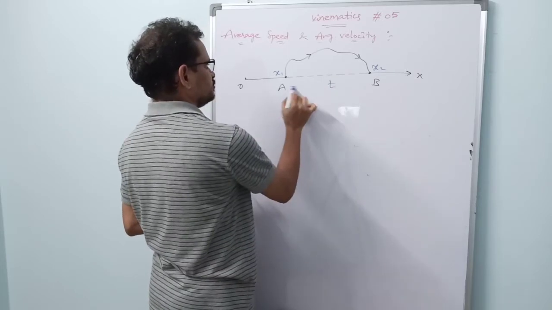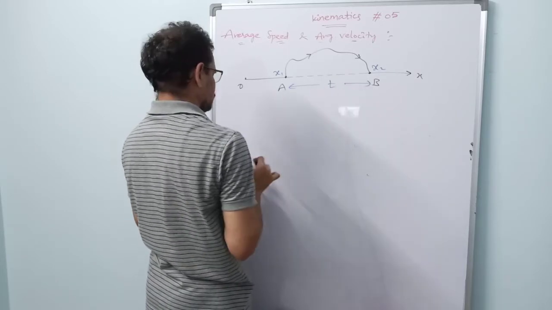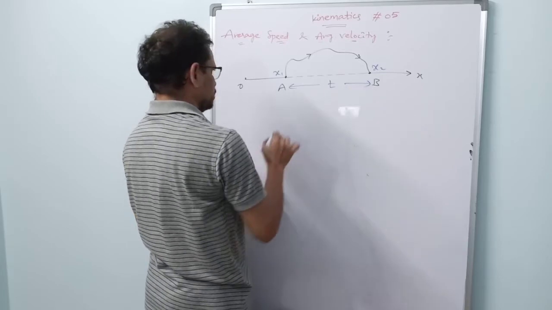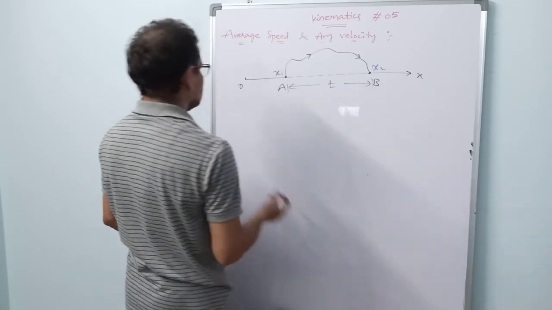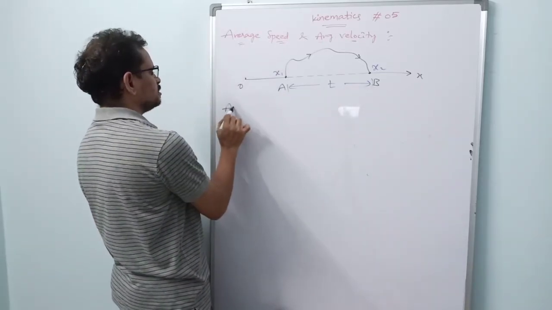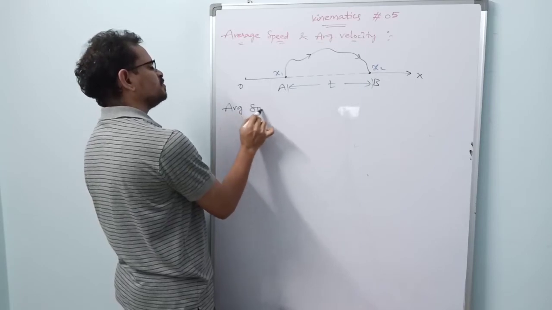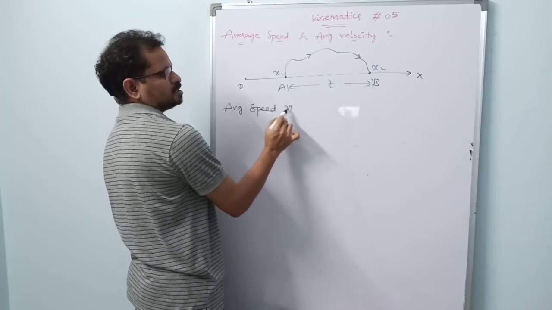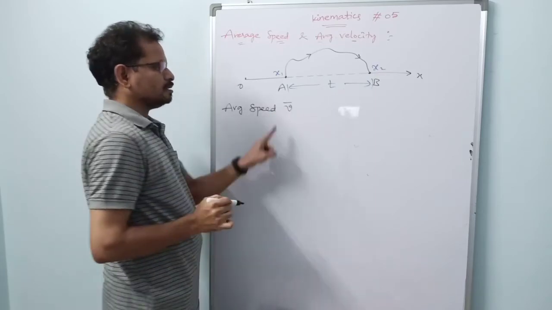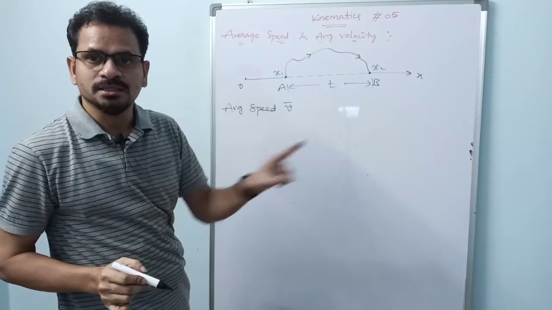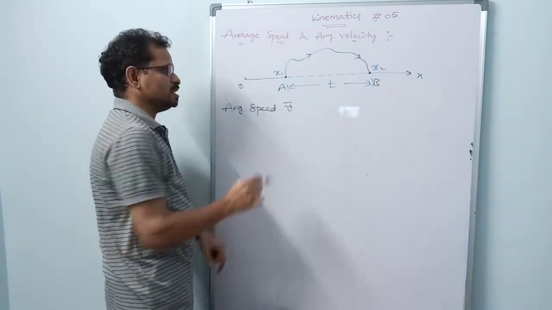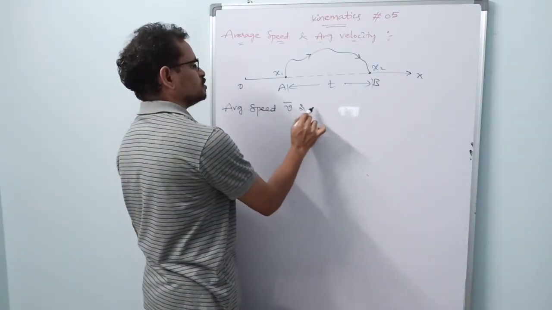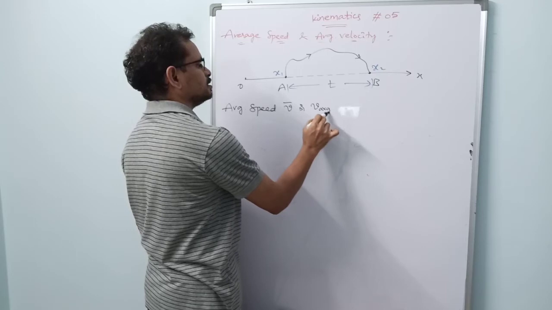Now what is average speed? Average speed can be written with the symbol small v with a bar. This bar is not for vector notation, it is the symbol for average value, or we can write it like this also, v average.